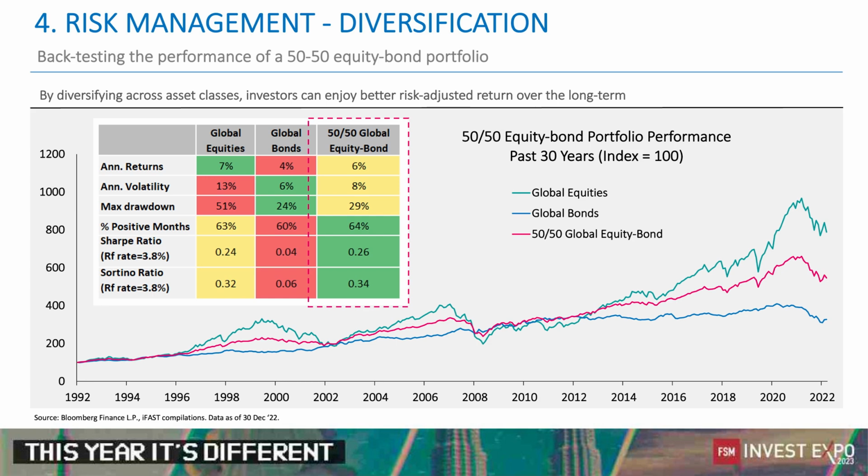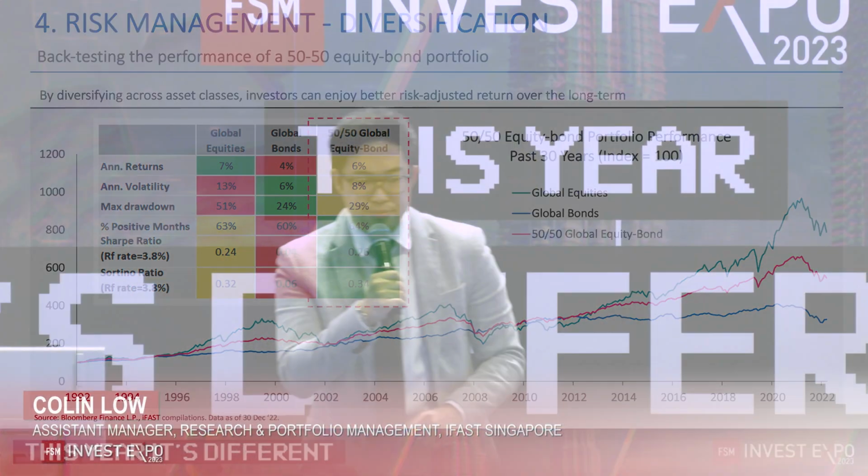On the contrary, the global bonds portfolio, shown by the blue line, showed lackluster returns, but experienced half the annualized volatility as well as half the maximum drawdowns in the same period. You can see that from the table on the left-hand side.